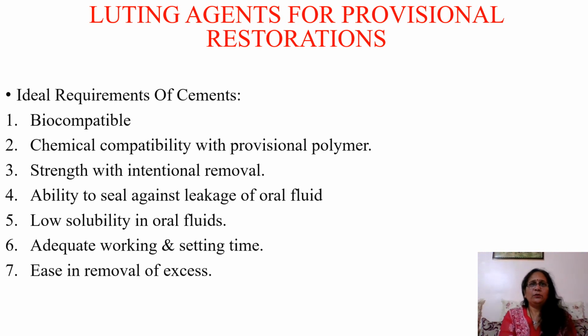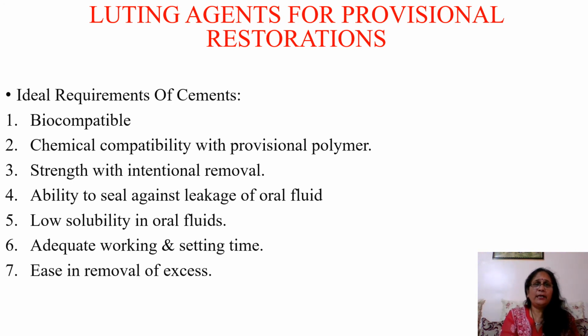So the luting agents which we use for provisional restorations, what are the ideal requirements of those cements? They should be biocompatible. They should be chemically compatible with the provisional polymer. They should have strength. They should be able to seal the leakage of oral fluids. They should have less solubility in oral fluids.